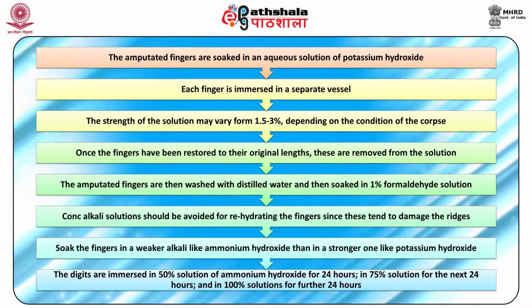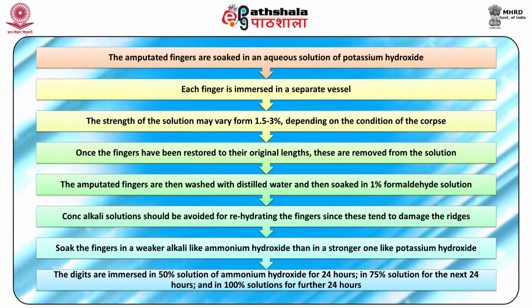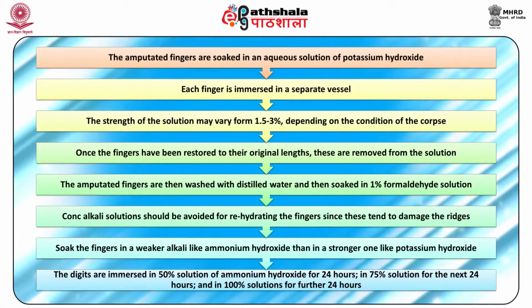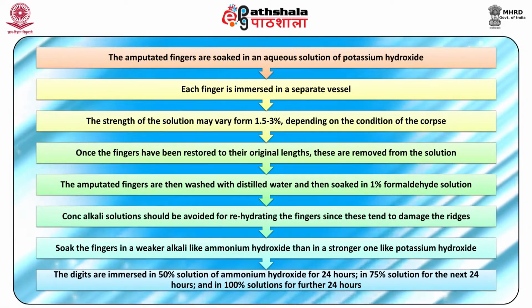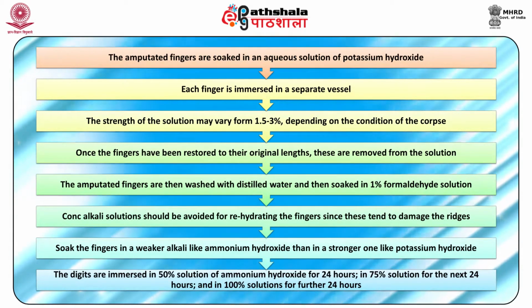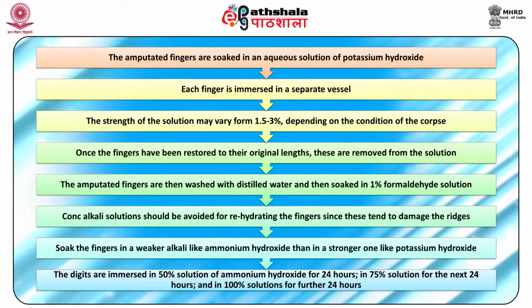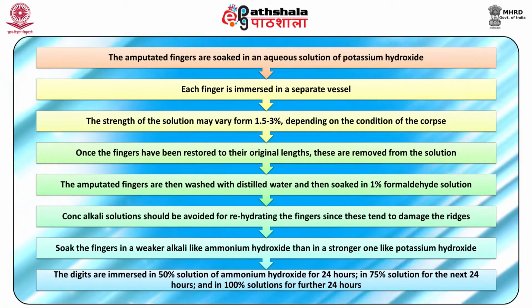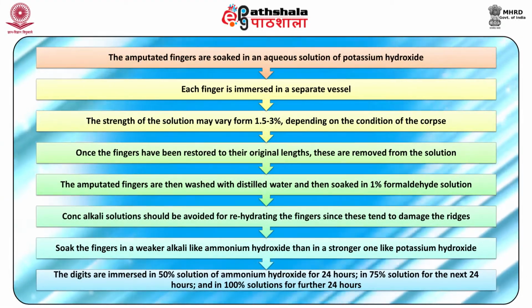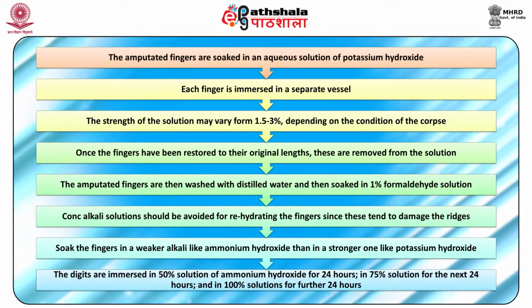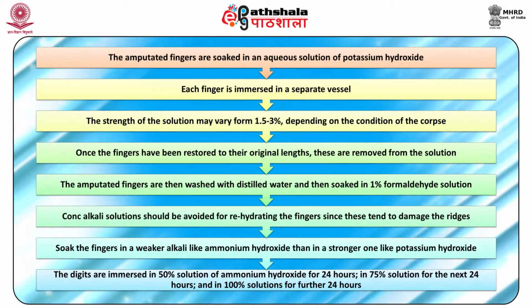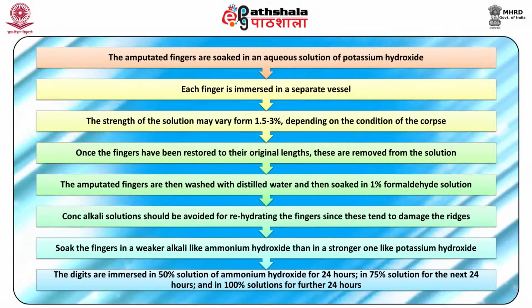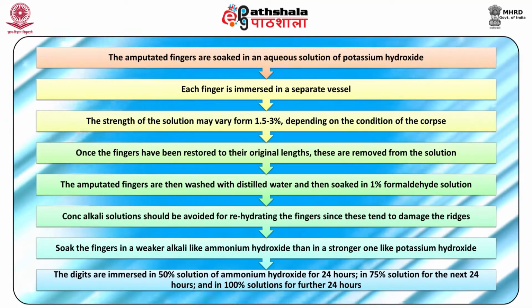The digits are immersed in a 50% solution of ammonium hydroxide for 24 hours, in 75% solution for the next 24 hours, and in 100% solutions for a further 24 hours. Using this method, it was possible to identify a man who had been killed 3 months earlier and whose body had been dumped in a rubbish heap.